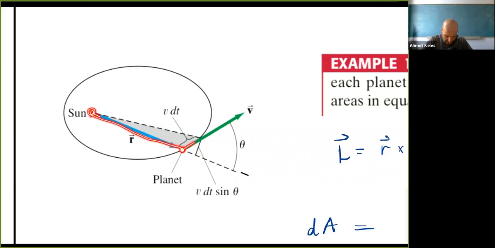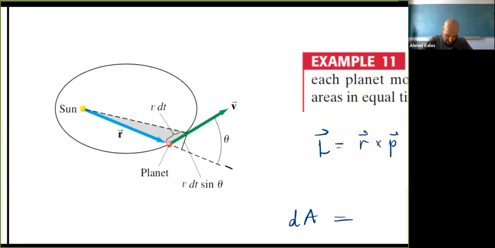After a little bit of time, you go with some velocity v dt, this much, and you need to calculate this area. We know how to calculate the area of triangles: the base, which is r, times the height, which may or may not be inside the triangle, times 1/2.